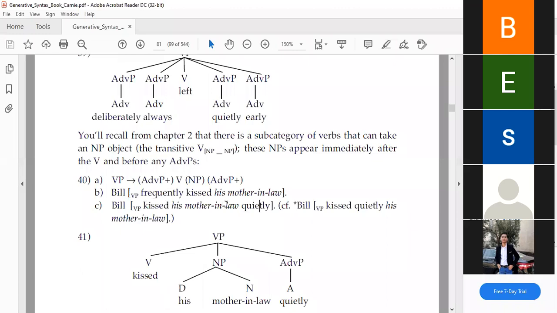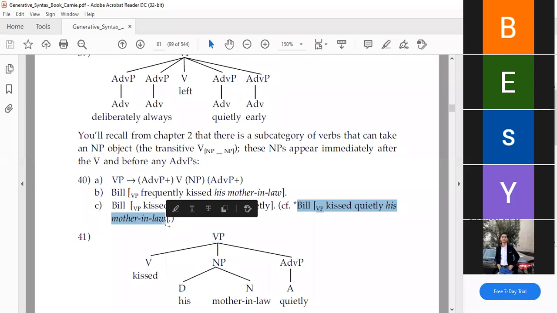So here we have the verb, then the NP, then the adverb. That's why this sentence is correct. But what about the asterisk, the star? Remember, what does it mean in syntax? That the sentence is ill-formed.